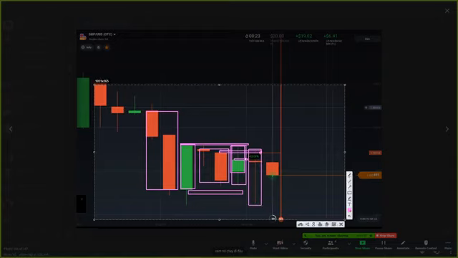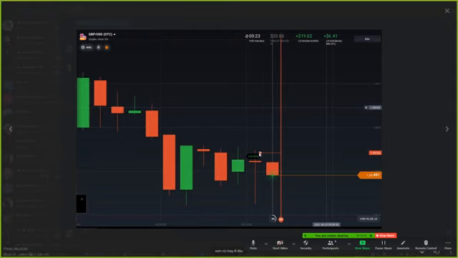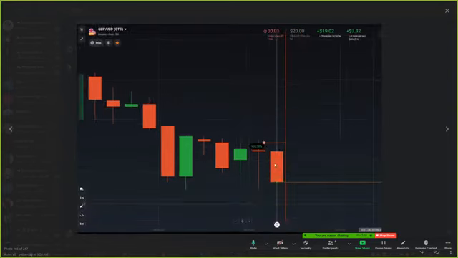Okay, so actually it closes the red, but we can pursue another red. Actually I enter here on the very marginal safety, but it is late. So let's see the next candle. I do not enter here, I enter here. Okay, so it should be a win. Yeah, it's a win already.